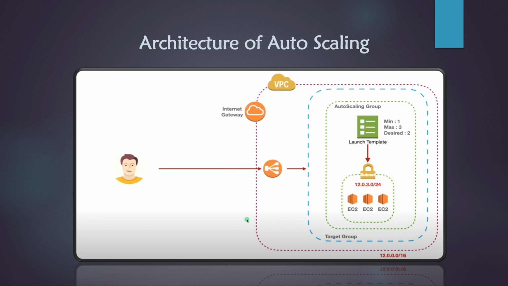And how to control those things? Here we need to define a min, max, and desired. These are numbers denoting the number of EC2 machines started in our AWS environment.